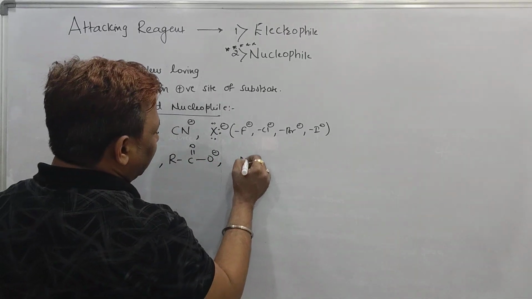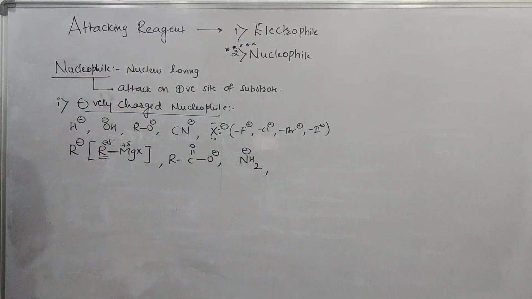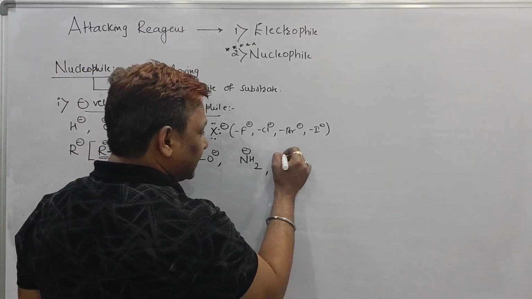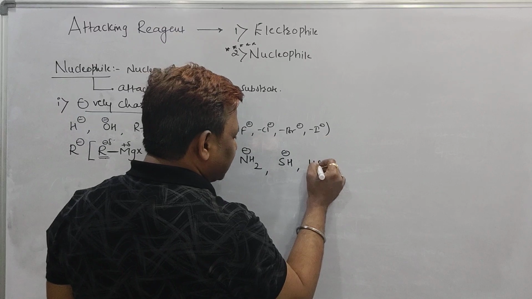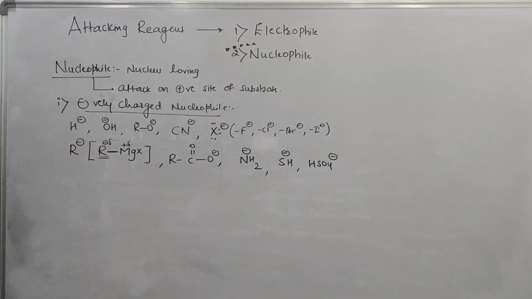Beta, in ammonia, NH2 negative also acts as a nucleophile. See, so many are there, right? SH negative, HSO4 negative, they are all negatively charged species having excess electrons and a tendency to donate a lone pair.